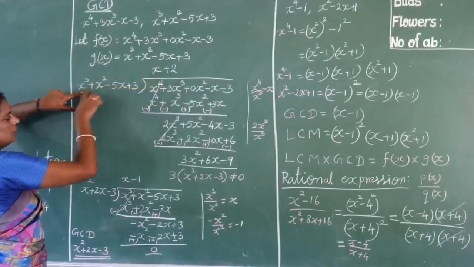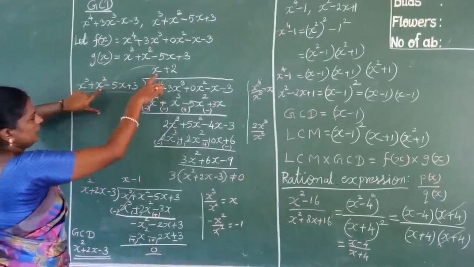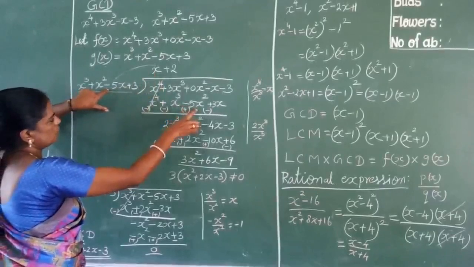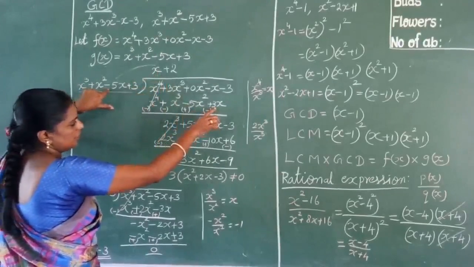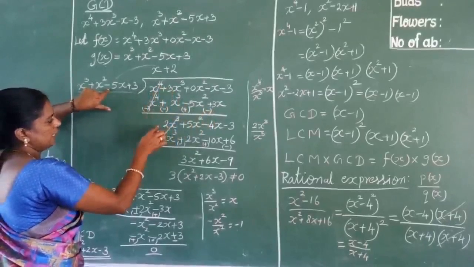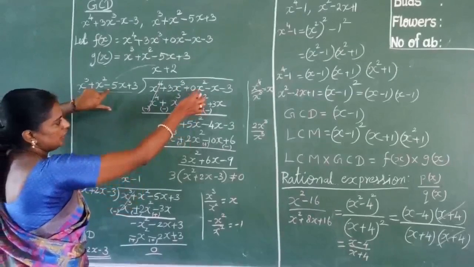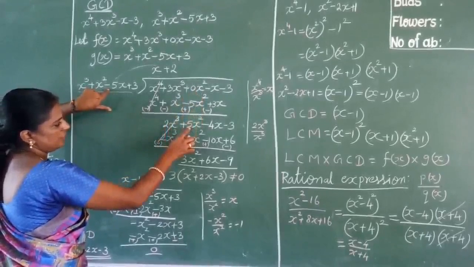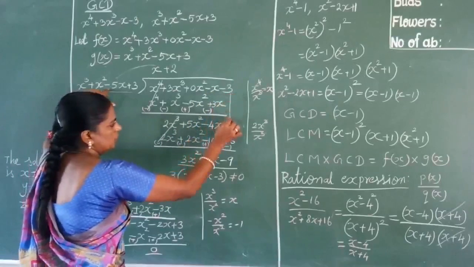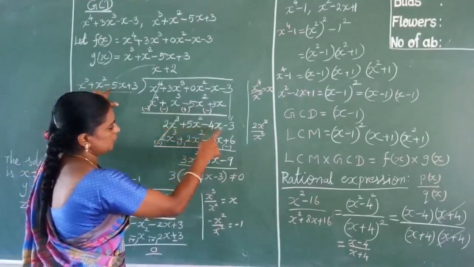This quotient we multiply fully with the divisor: x into x cube is x power 4, x into x square is x cube, x into minus 5x is minus 5x square, x into 3 is 3x. And then subtract. X power 4 minus x power 4 cancel, plus 3x cube minus x cube is 2x cube, 0x square plus 5x square, minus x minus 3x is minus 4x. Bring down the last term. So at last what we get is 2x cube plus 5x square minus 4x minus 3.